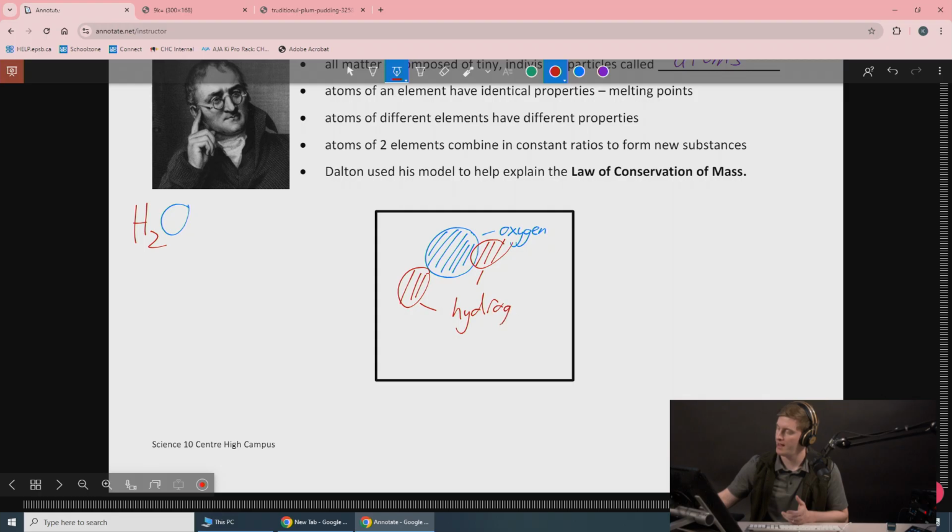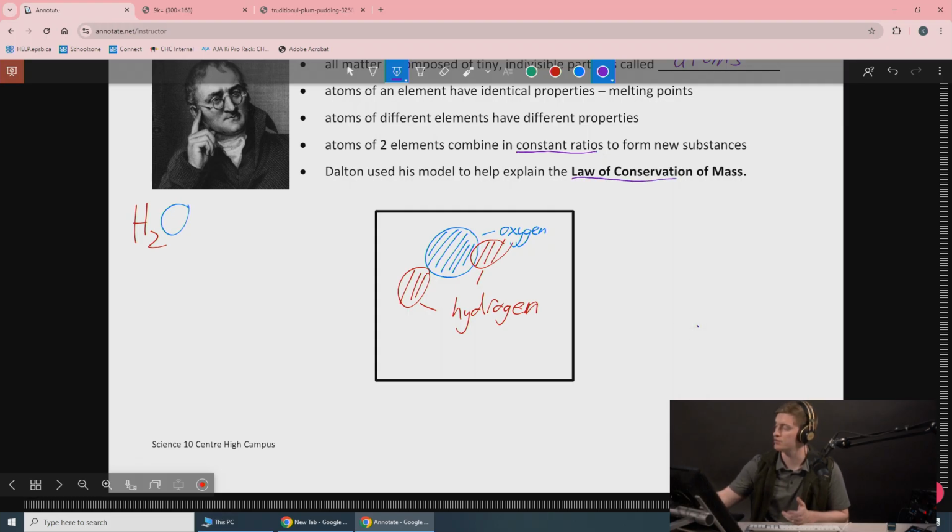But we don't know anything about these solid spheres. We just know that they are indivisible. This is the smallest form of hydrogen, this is the smallest form of oxygen, and they are going to combine in constant ratios.